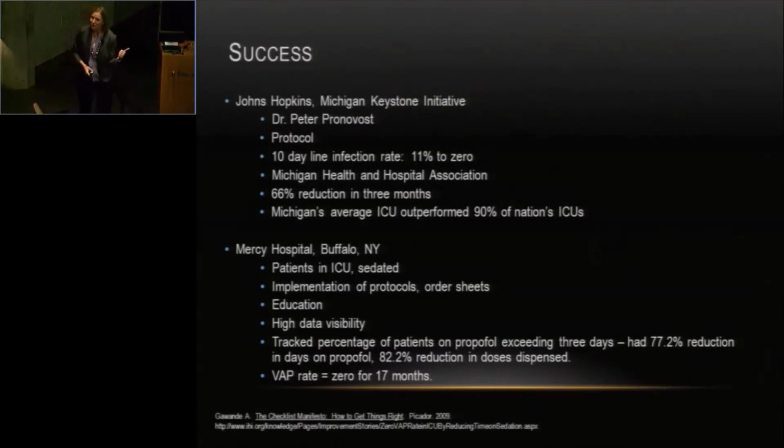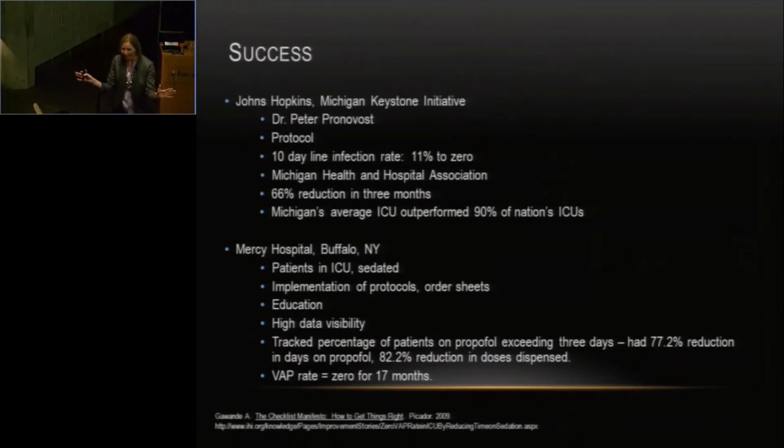Basically what he did was, after he created this checklist and had some success in his own local environment, his institution didn't adopt his checklist. He kind of did a road show with this and caught the attention of the Michigan Hospital Association. They said, we're going to implement this statewide. Okay, so they took Peter Pronovost's checklist, used it in every ICU across Michigan.